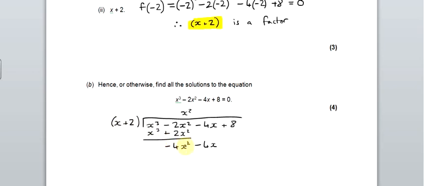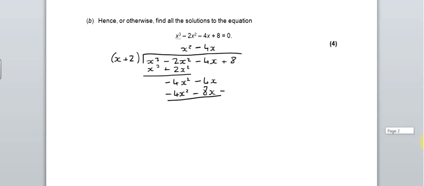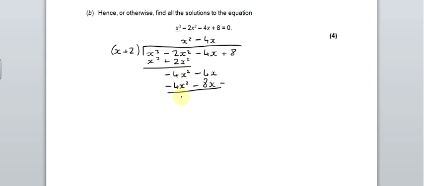x's into minus 4x squared is minus 4x, and now we take this and we multiply it by that to get minus 4x squared, and then we multiply it by that to get minus 8x. Then we subtract. Now that's 0.